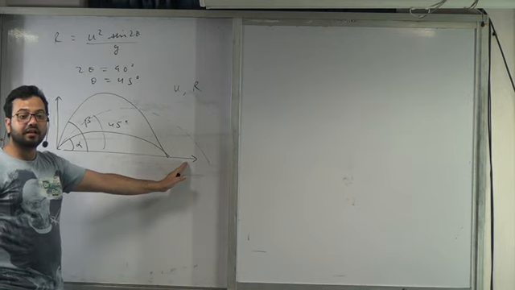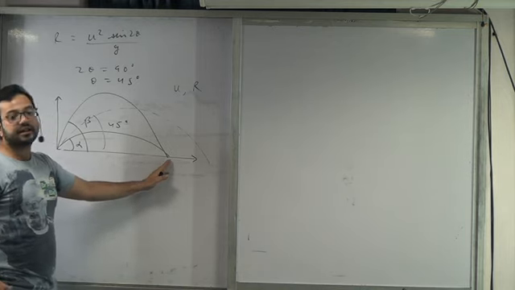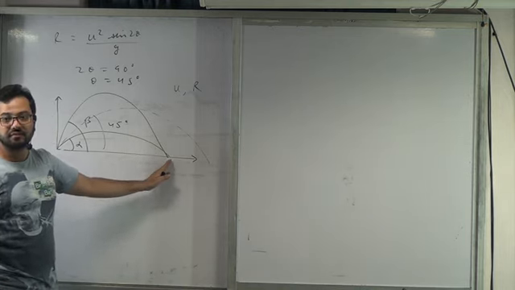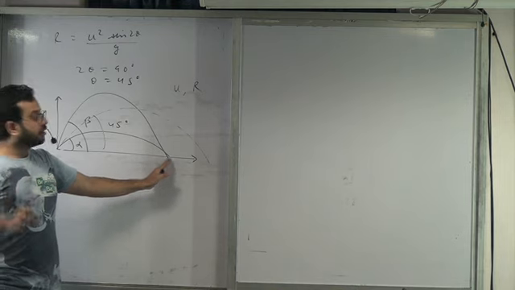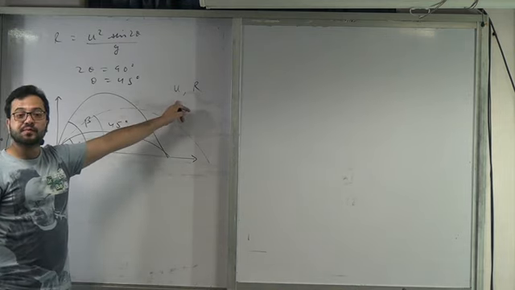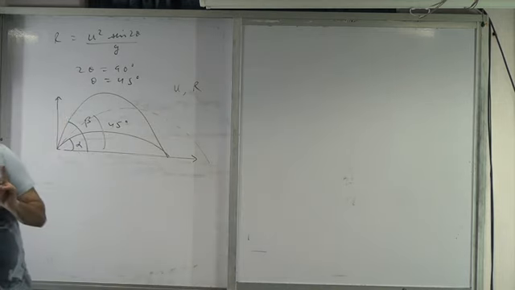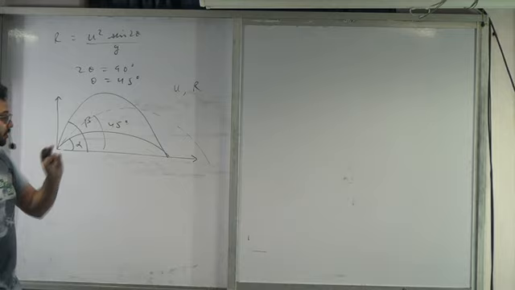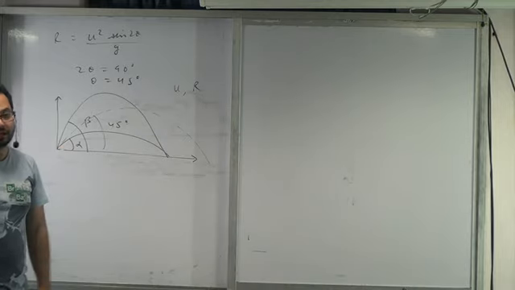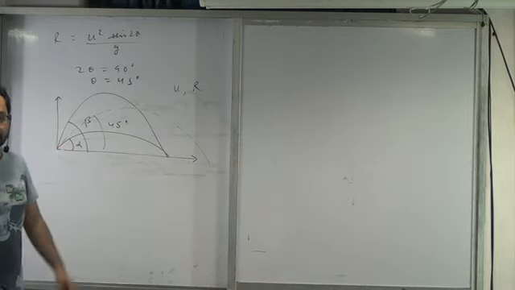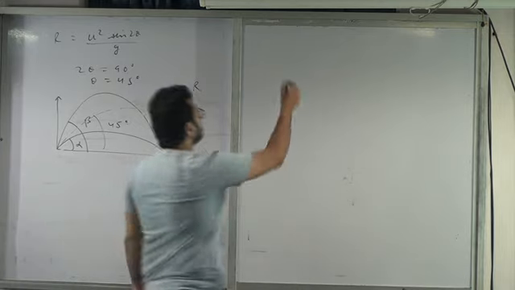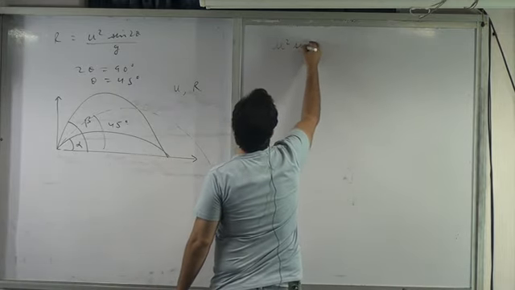Further increase the angle, there will be a certain angle when this range again becomes this one. Is that clear? So for same speed of projection and for same range, I'll have two angles of projection. One I'll call alpha, the other I'll call beta. Now the question is, what is the relationship between these two? How do I find the relationship between these two?